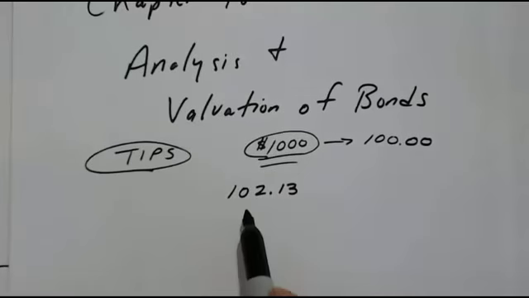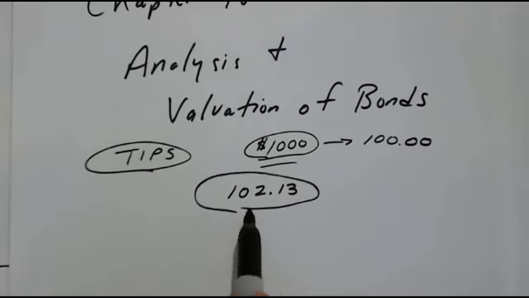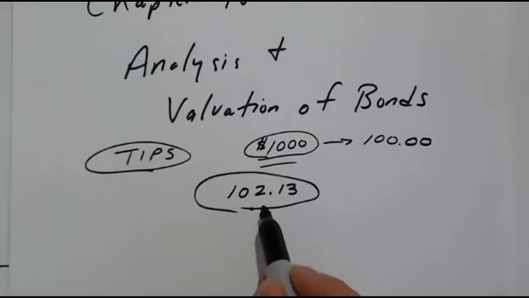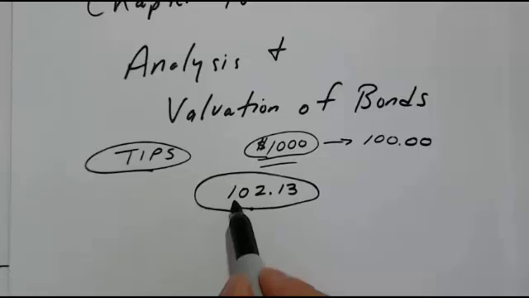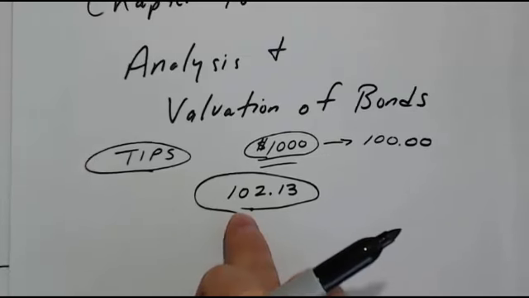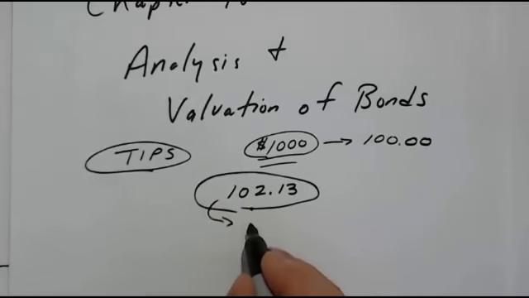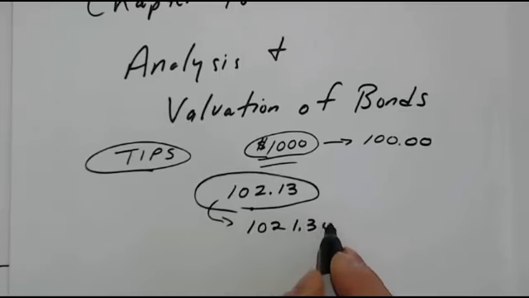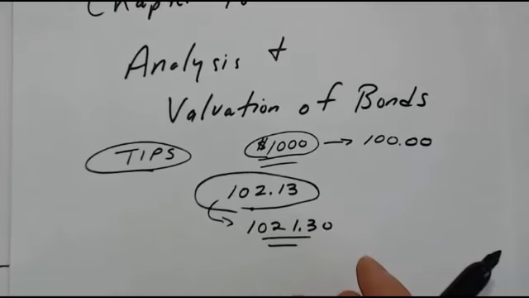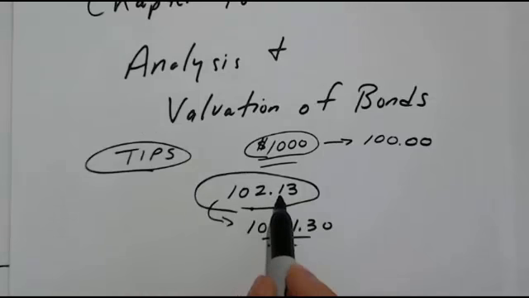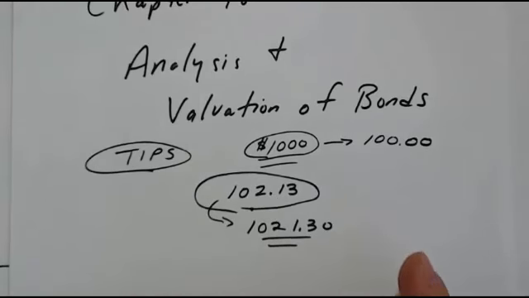This quote, if you saw a quote for a bond anywhere, really represents a bond that has a par value of $1,000, and this is its market value. It could be that the market value is $1,021.30, in which case you just move the decimal over.